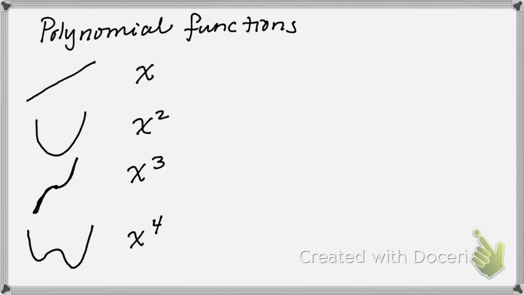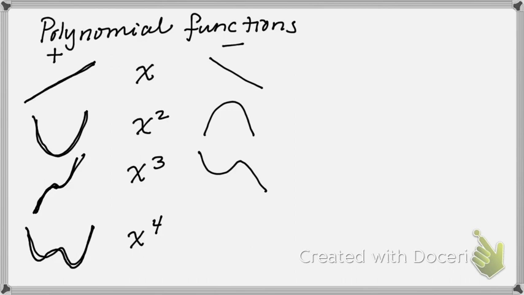And then for each of these, I could have the positive form of it, where it's rising from left to right or opening up, or I could have the negative form of it, dropping from left to right, opening down.